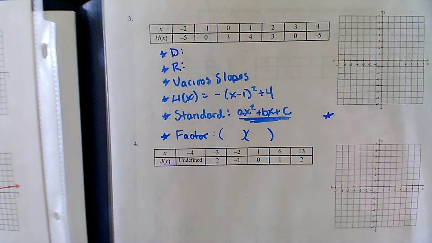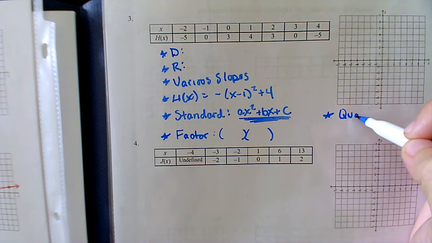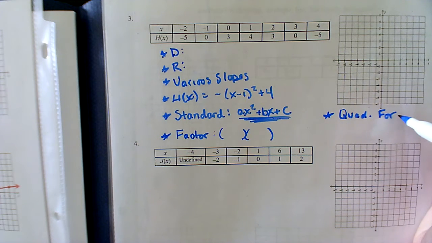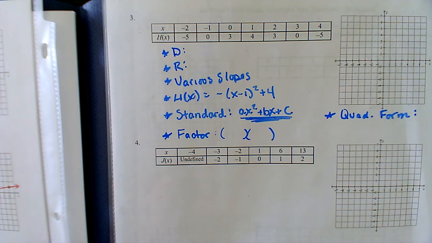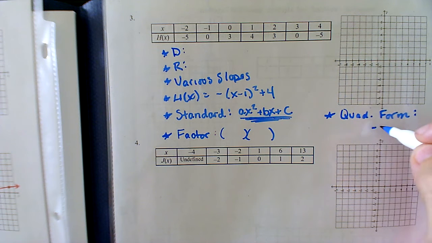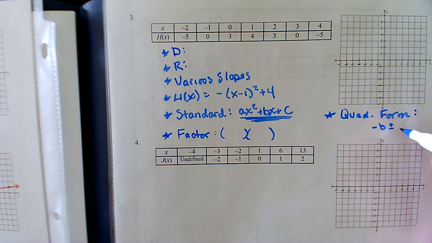Do we remember it? The quadratic formula? Parts of it? I'll sing you the song. I don't know if anyone's ever sang you the song before. Is it like opposite of b? Yep. Plus or minus? Uh-huh. Is it square root?